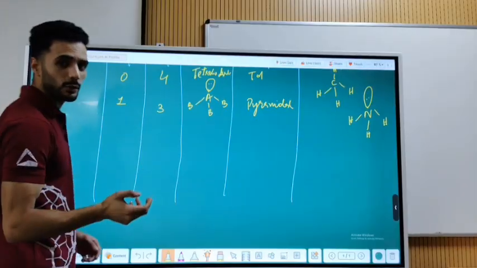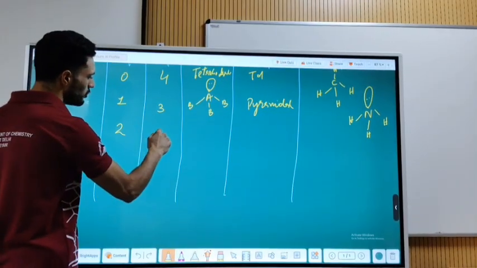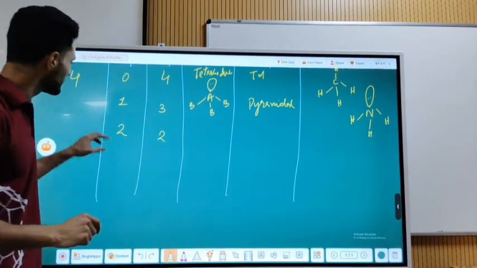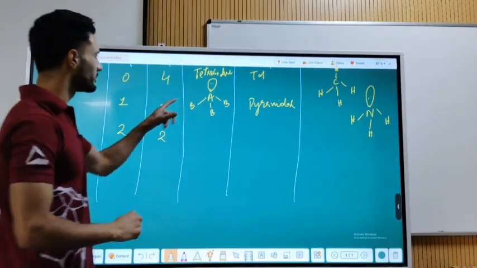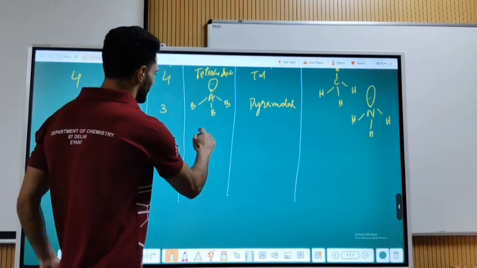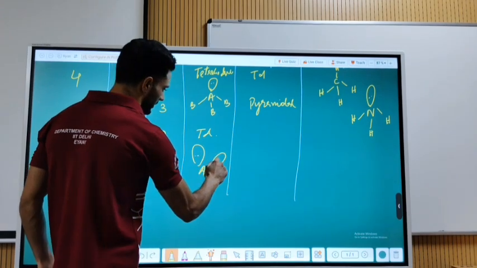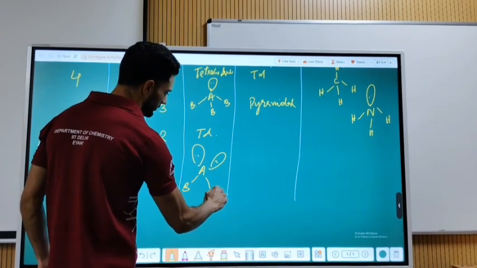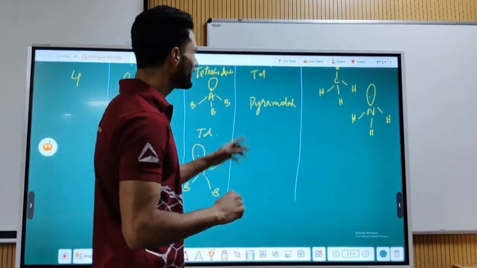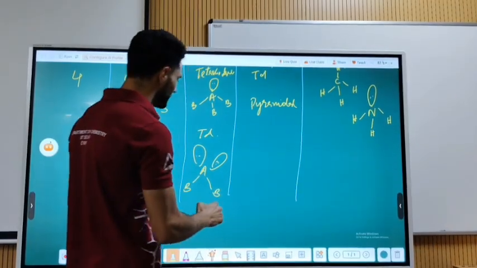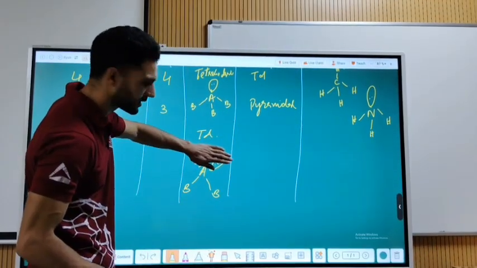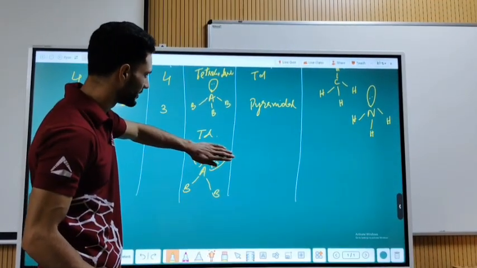Now, there is another possibility of 2 lone pairs and 2 bond pairs. As we know, the steric number is 4, so the geometry will be tetrahedral. But the shape will not be tetrahedral. We hide these lone pairs because lone pairs aren't included in the shape.